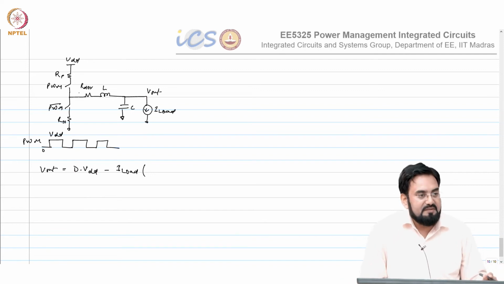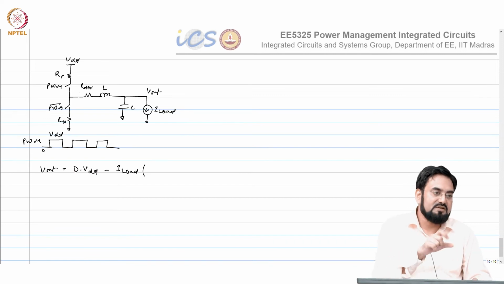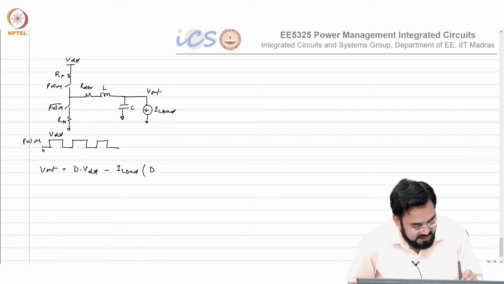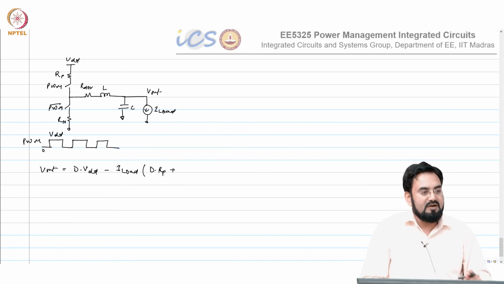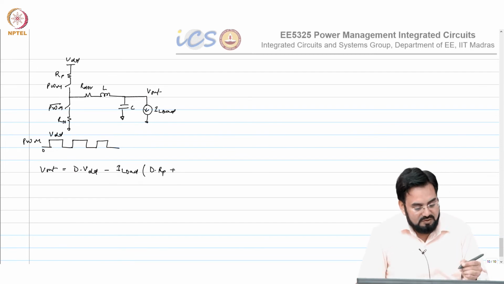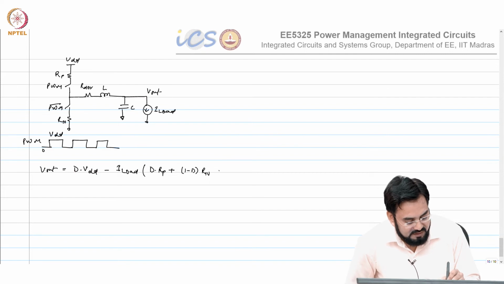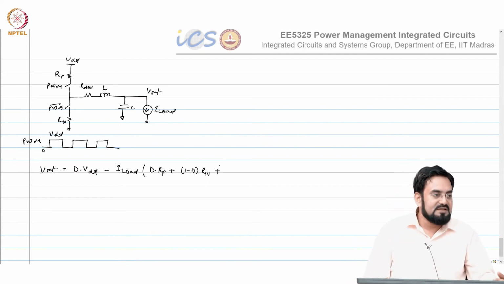During on time, the top switch is on, so the loss will be across your RP. So, D times RP, then during off time, (1 minus D) times RN, and the current in the inductor is continuous.